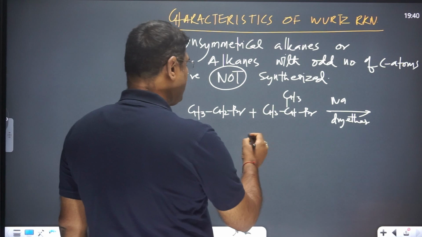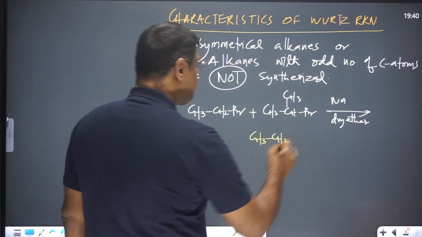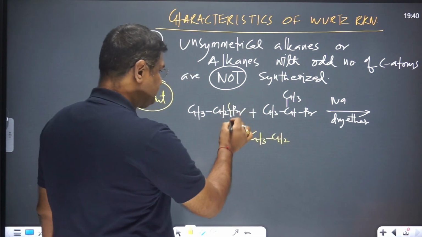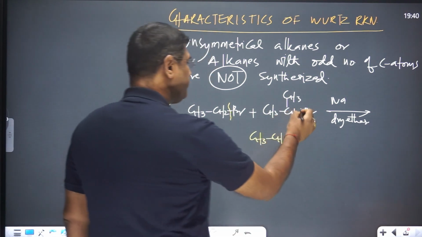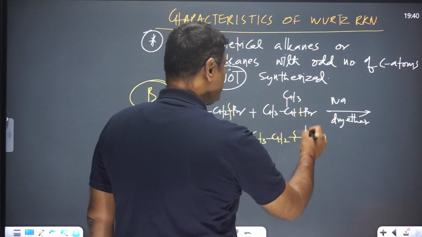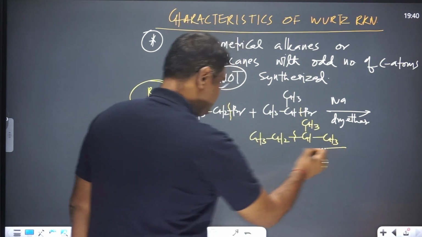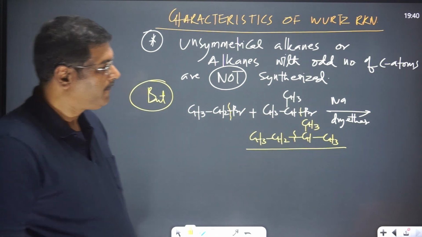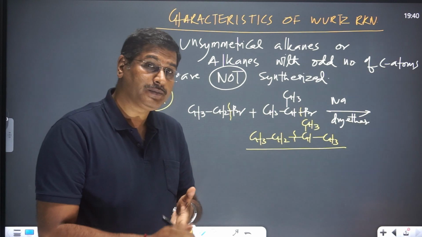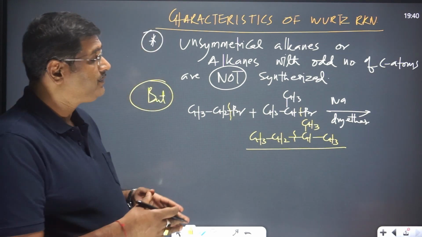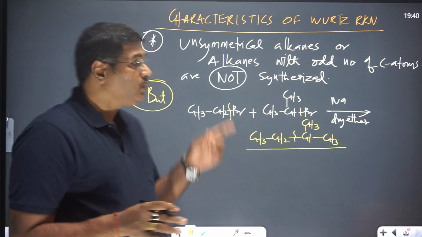We write here one product like CH3CH2 with this one, CH3CH(CH3)... giving CH3CH3 as well. This is the product. Sir, this one is unsymmetrical, and it contains an odd number of carbon atoms. True. Then why this statement?